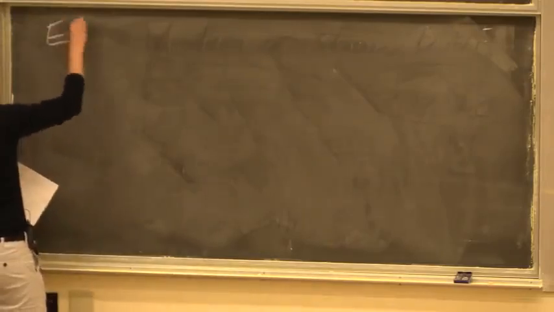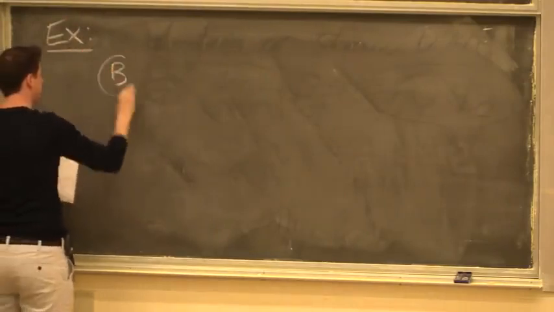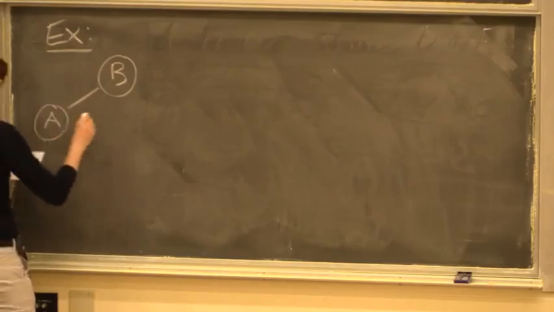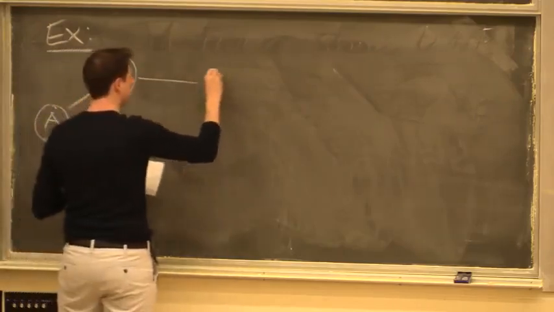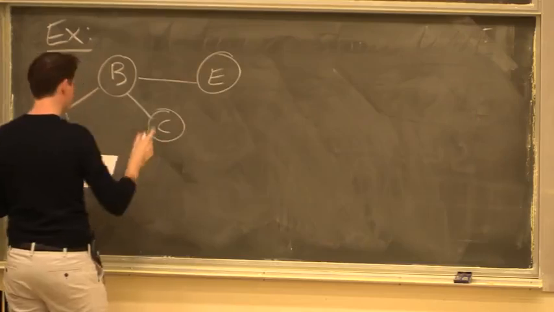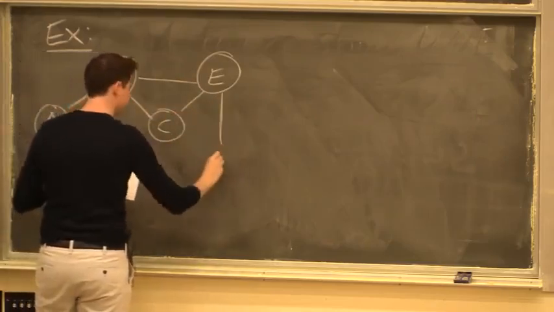So, as an example, let's write down an undirected graph. Notice I'm not putting the arrows on the edges because it is undirected.